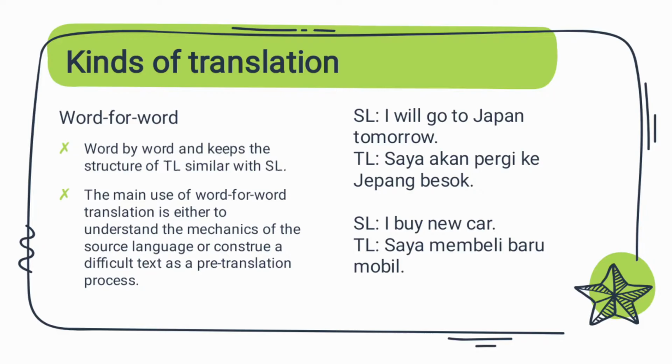So, if we are translating using word-for-word translation, in bahasa it is saya membeli baru mobil. Remember guys, word-for-word translation still focuses on the structure of the sentence from the source language. So, that is why I buy a new car in bahasa is saya membeli baru mobil if we are using word-for-word translation.